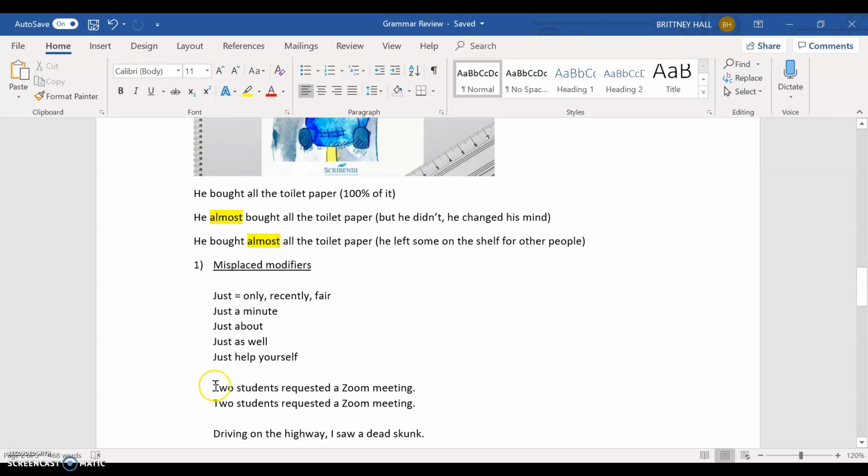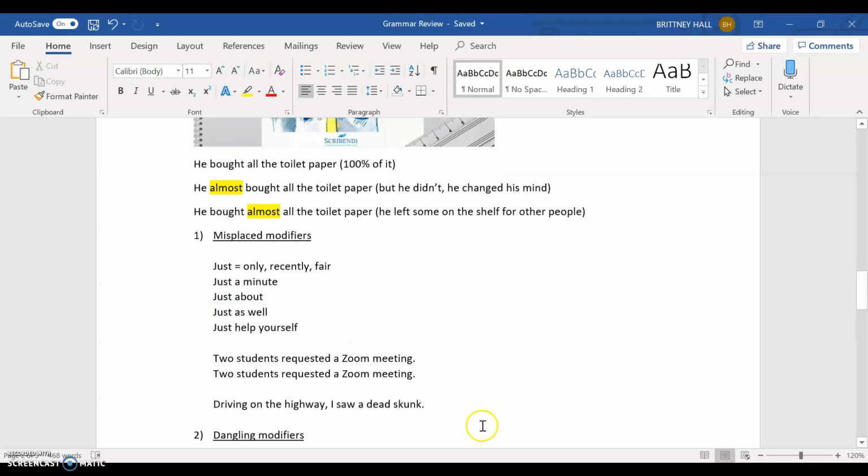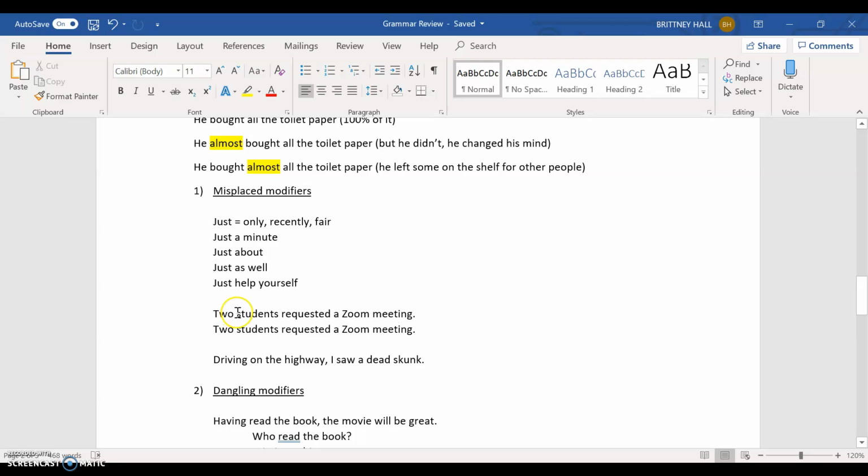So if we have the sentence below, 2 students requested a Zoom meeting, and I take the word just, I just want to try a little experiment here, okay? 2 students just requested a Zoom meeting. To me, this sentence sounds like, very recently, 2 students requested a Zoom meeting.